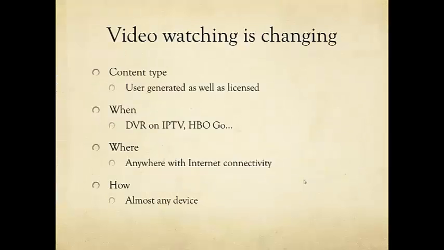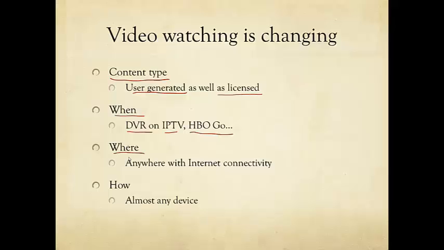Now, video watching is changing rapidly these days in many different dimensions. For example, in terms of the type of content, now we're watching a lot of user-generated as well as licensed content as pioneered by YouTube. When we watch video, it used to be you have to follow the TV schedule. Now, with devices like DVR or IPTV, or services like HBO Go in the US, we can sometimes watch whenever we want to watch a certain content.